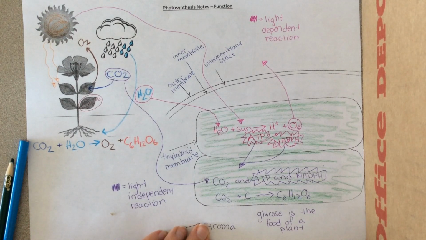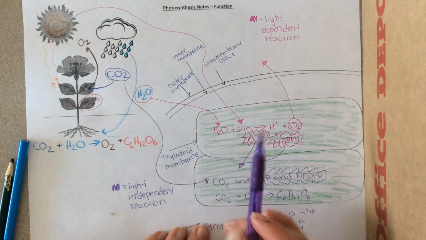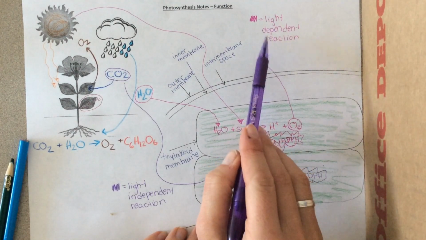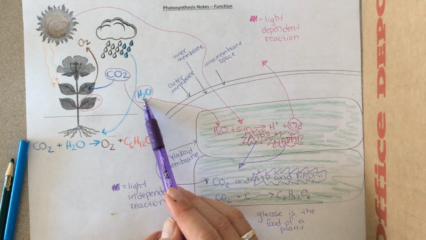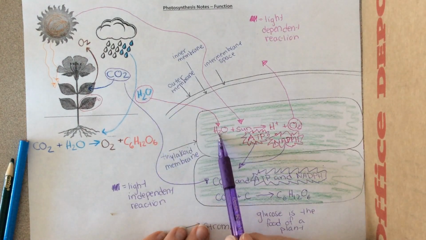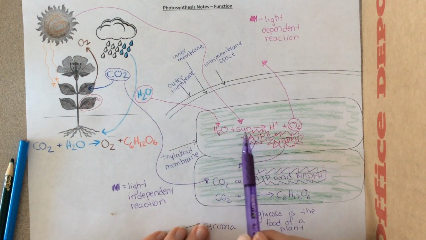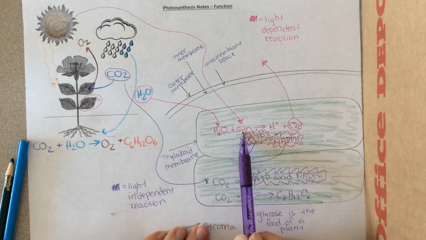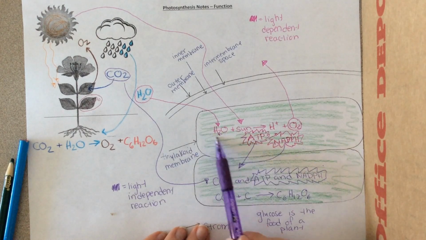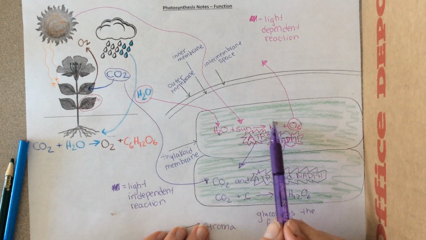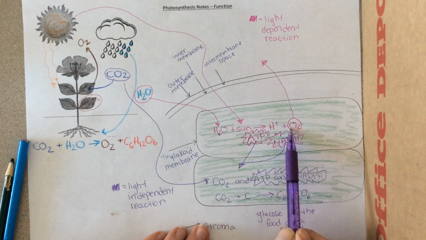So let's look at this again real quick, starting with the light-dependent reaction. Water comes in through the roots into the chloroplast. When the sun is out, the sun's energy is strong enough that it splits the water molecule into hydrogen and oxygen.